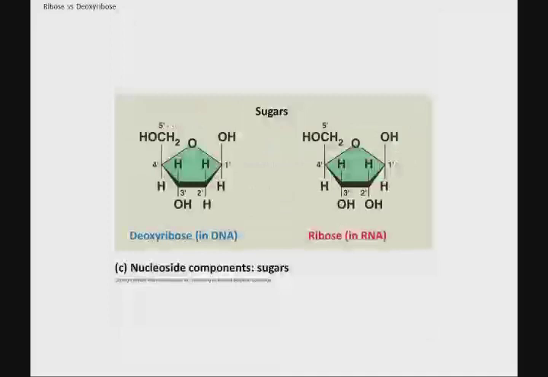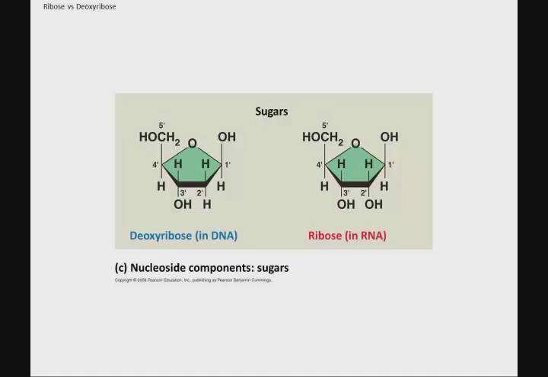Addressing the sugar component of the nucleotide, we can see here deoxyribose, which we find in DNA, and ribose in RNA. Again, understanding the breakdown of the name of something in biology helps you understand and remember what it means. So ribose is a 5-carbon sugar, and it's in circular form here. Deoxyribose, deoxy means without oxygen.